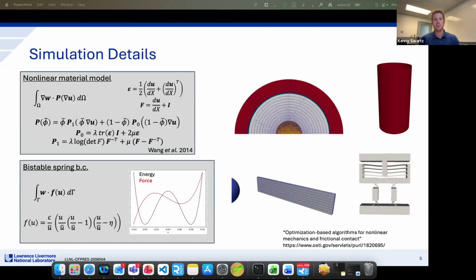And what that does is in the void elements, if you get tangling, because you're weighting by that density, which is near zero, it cuts down the displacement gradient that the material model sees, and you avoid all those numerical issues. And so it's quite a nice way of handling this, and it's worked really well for us.